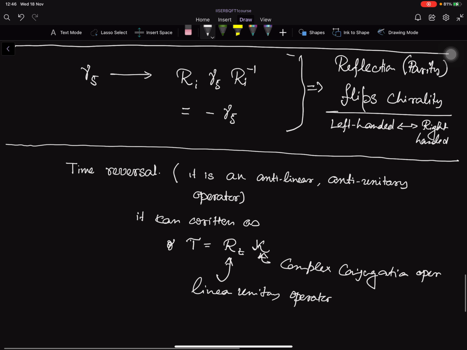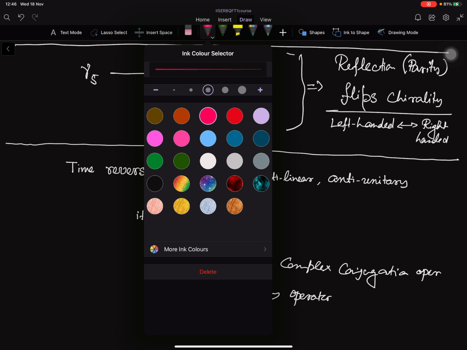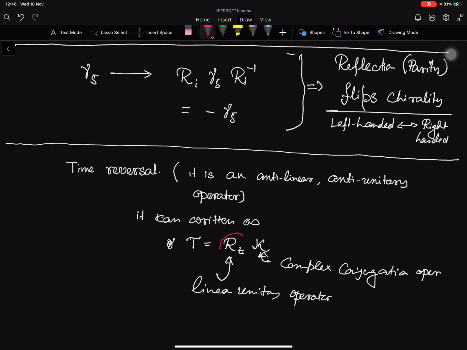Now one thing I want to stress is that the explicit form of RT, the action of RT, is basis dependent.